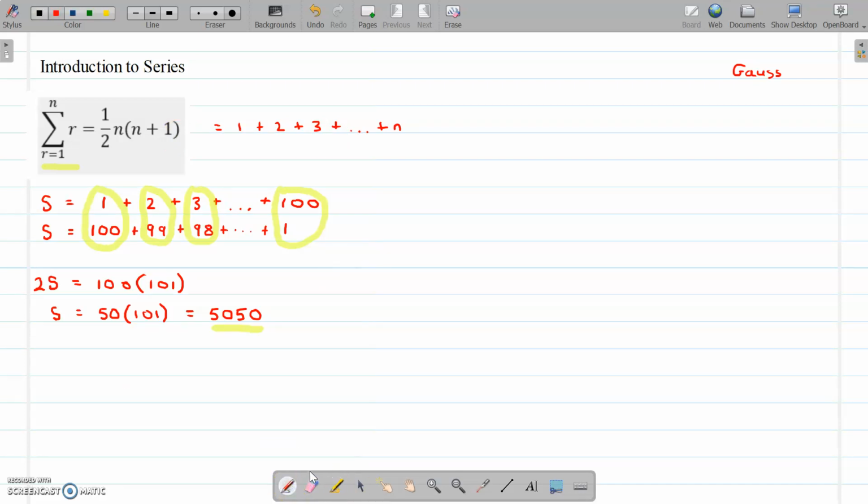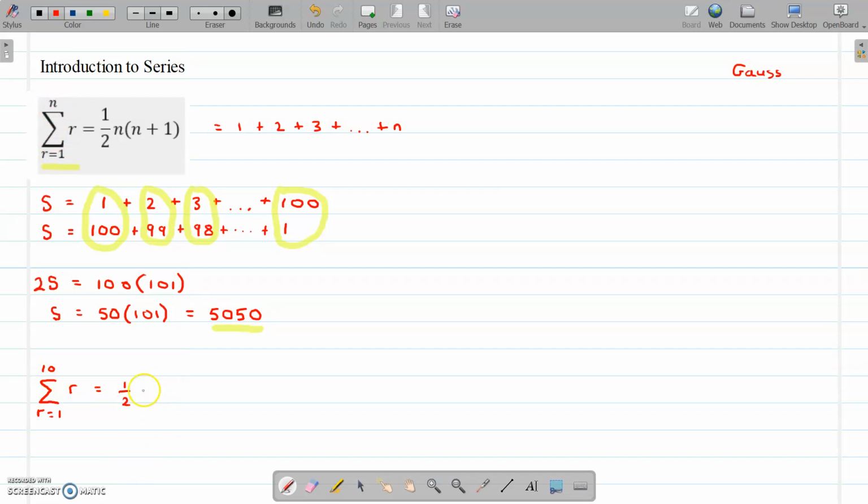Okay, the first 10 numbers, 1 plus 2 plus 3 plus 4 plus 5 up to 10. That would be easy because you could do that to check it quite quickly anyway, but let's just do it using the formula. So it would be the sum from r equals 1 to 10 of r, and it would equal a half of n. You see, n is 10 in this case. It's the number above the sigma sign.